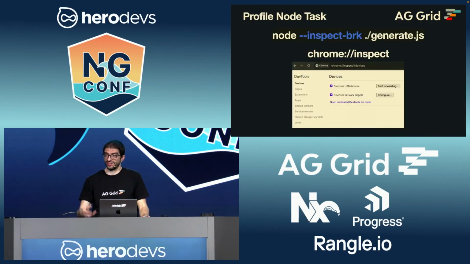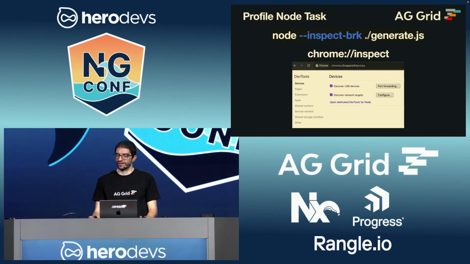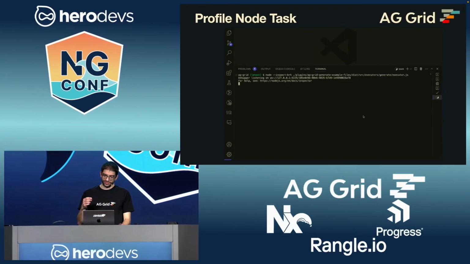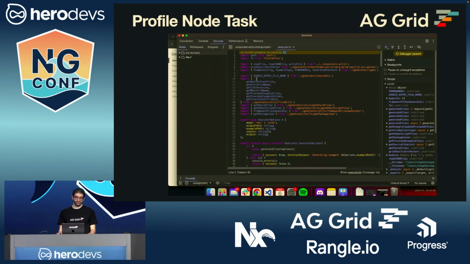And then if you want to dive into things further for individual node tasks, you can run node and give it this inspect break value, and then open up Chrome on the inspect page, and you can open the dedicated DevTools for node. So what this might look like is I'll run a command with that flag. We'll get started. On the inspect panel, we can see we can open up this dedicated DevTools.